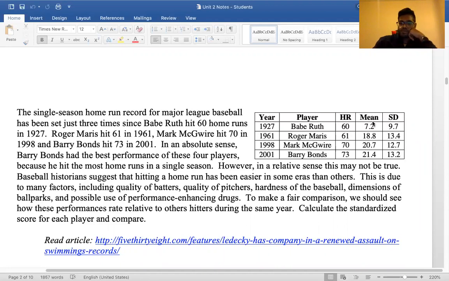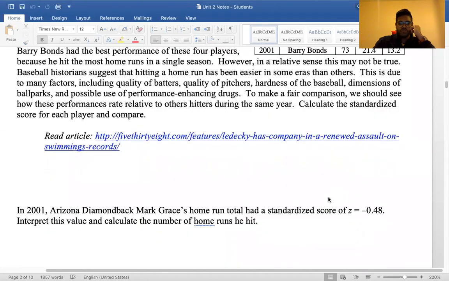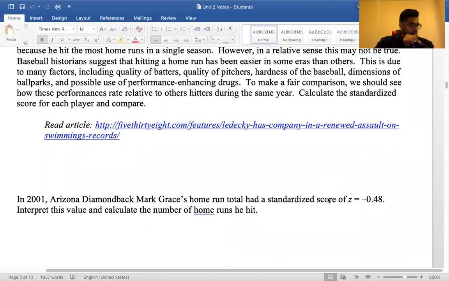Because as you can tell, between 1927 and 2001, we're hitting a lot more home runs on average. So did Barry Bonds do relatively better when he hit 73 home runs compared to Babe Ruth when he hit 60 with a mean of only 7.2? That's essentially what we're trying to do, compare these distributions.